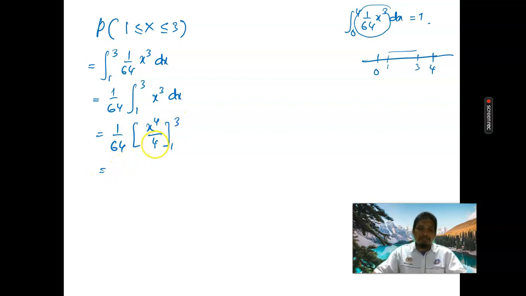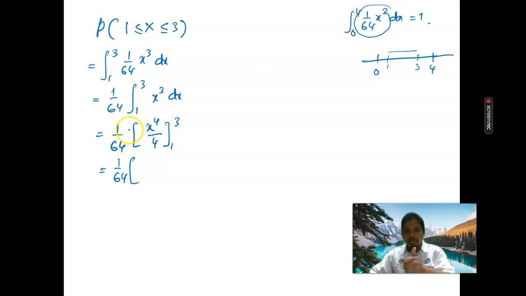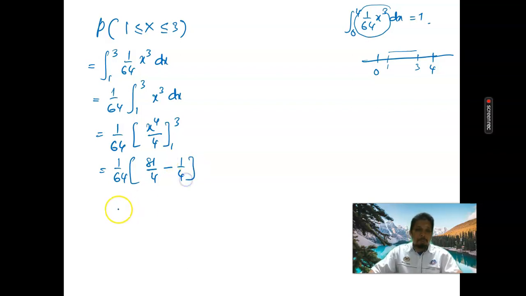Okay, so then 1 over 64, substitute x with 3 here. So 3 to the power 4: 3 squared equal to 9, 27, and 81. 81 over 4 minus, substitute x with 1 here, it is 1 over 4.